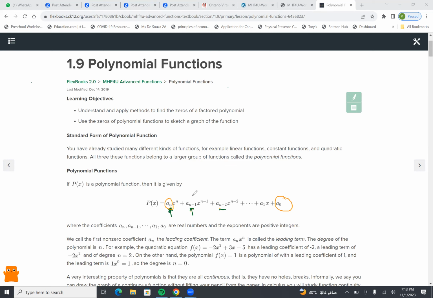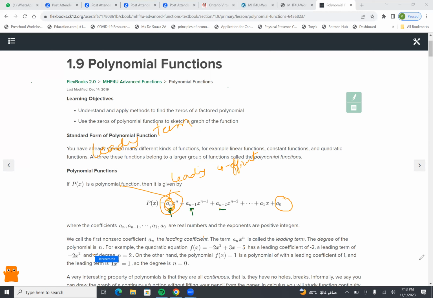So the first one is known as the leading coefficient. The coefficient of the highest power of x is known as the leading coefficient. The first non-zero coefficient a_n is called the leading coefficient. The term a_n x^n is called the leading term. The degree of the polynomial is n.